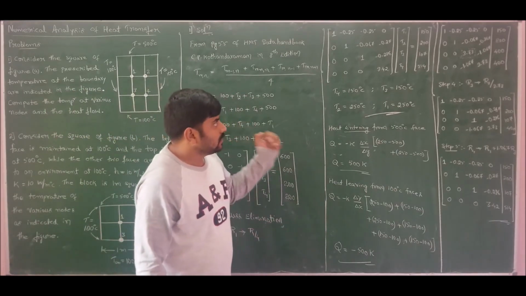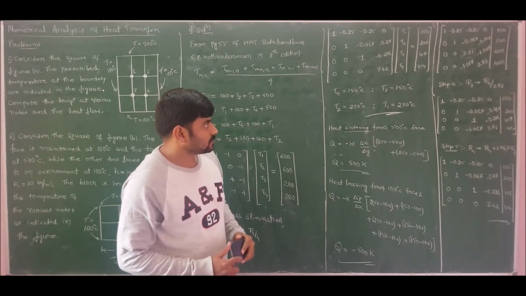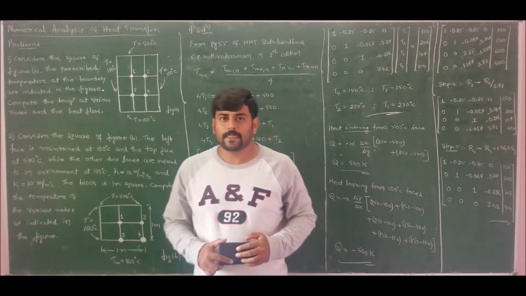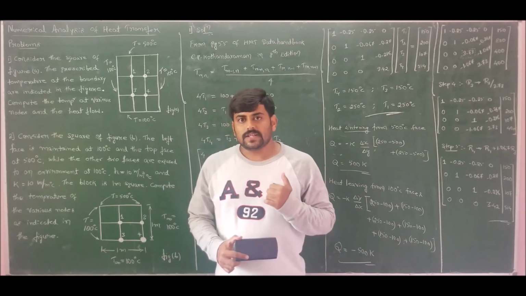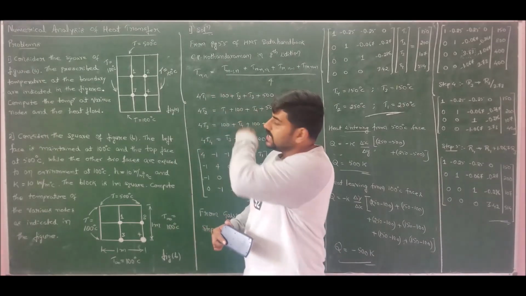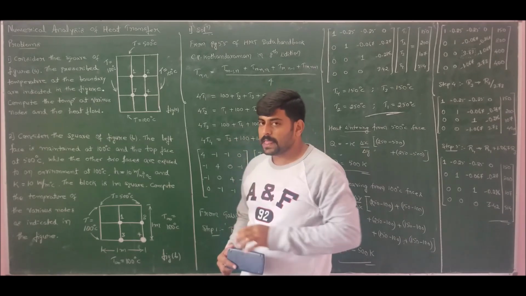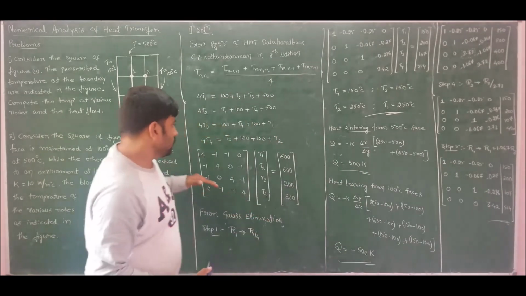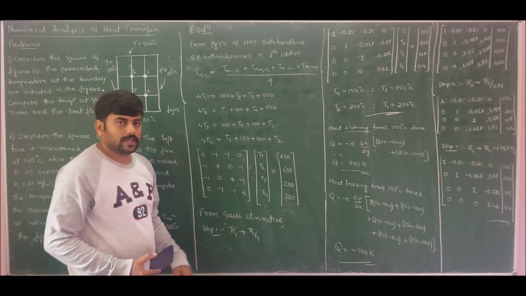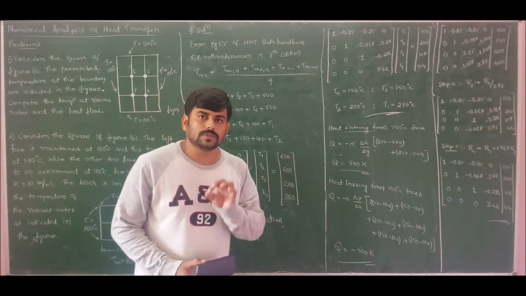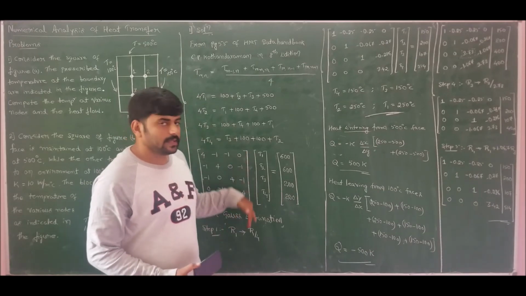So this is how one should solve numerical problems on heat transfer by using the finite difference method. First we should formulate the equations, and once we formulate the equations then we should form the matrix form. Once we have the matrix form Ax is equal to B, it is left to you. Whichever method is convenient to you, use that method to solve this matrix and find the temperature distribution.